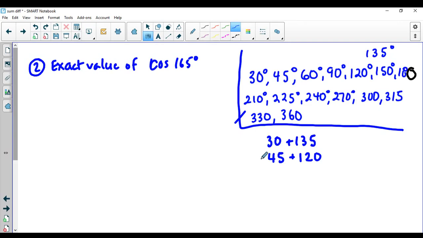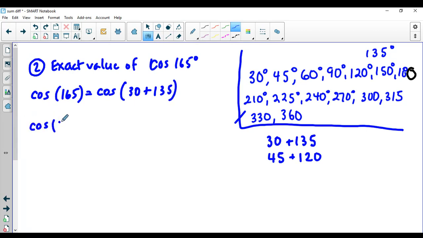So the exact value of the cosine of 165 I will obtain by decomposing it into 30 plus 135. So the formula, you have it on the other page, you can always pause and go back.